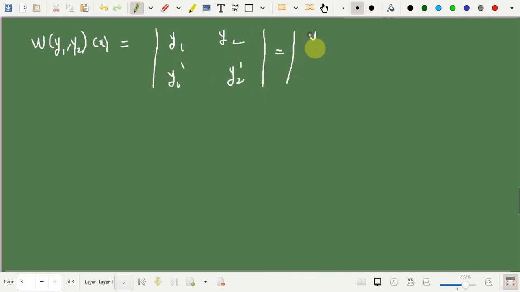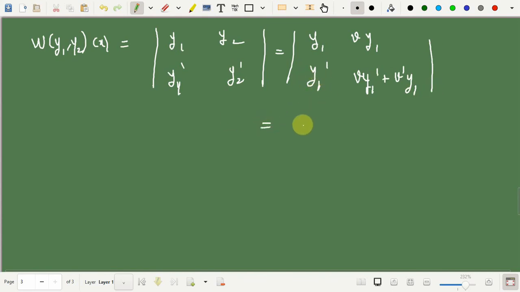Here y1 is given, y2 is v into y1. As of now I'll just use it as v into y1, and this is y1 prime, so this remains y1 prime, and the derivative of y2 is v into y1 prime plus v prime into y1, which we have evaluated.